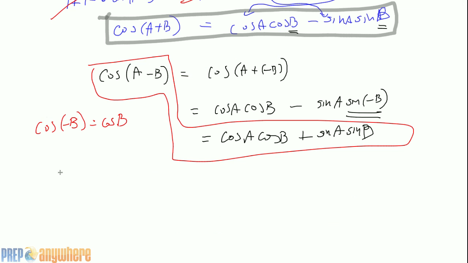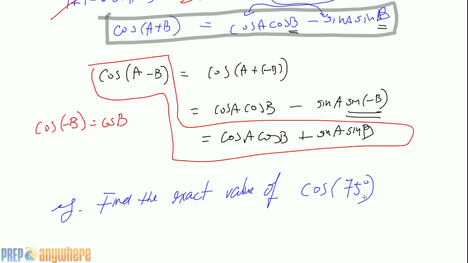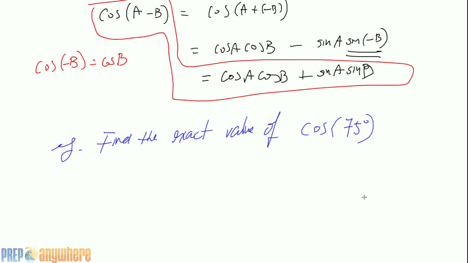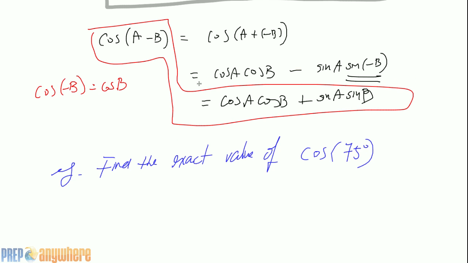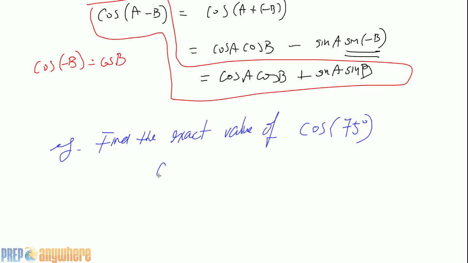Alright, let's do an example. 45 and 30. We know the special angle values for 45 and 30, and we know a formula which will turn a sum into the individual parts. So we can say cosine of 75 is cosine of 45 plus 30.